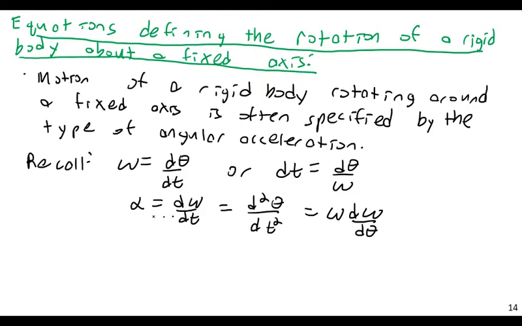So these are our basic derivative and other relationships. And these are basically the tools that we're going to use to analyze various problems involving rotational systems about a fixed axis anyway.